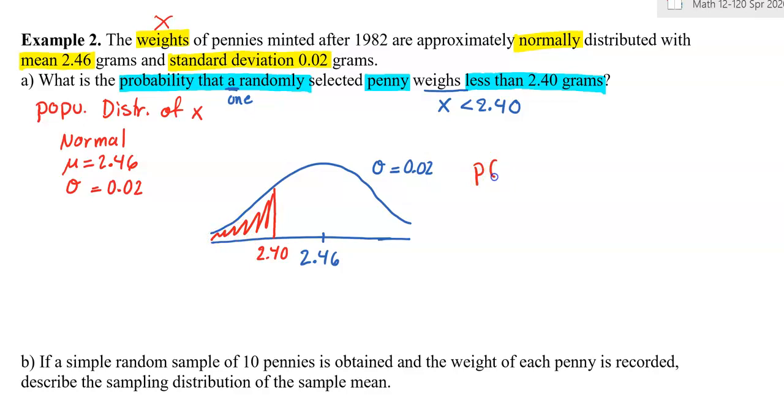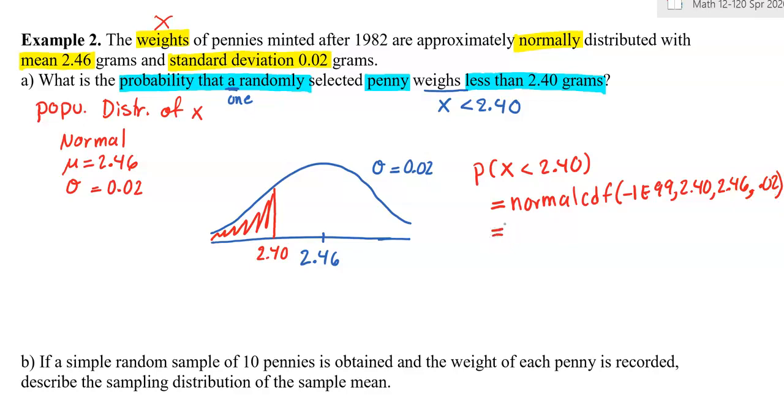Therefore, the probability that the weight of the one penny, so X, is less than 2.40 grams is found by, since we're having probability under a normal curve, normal CDF, we're going towards negative infinity, so negative 1 E99, upper bound of 2.40, mean of 2.46, and standard deviation of 0.02.